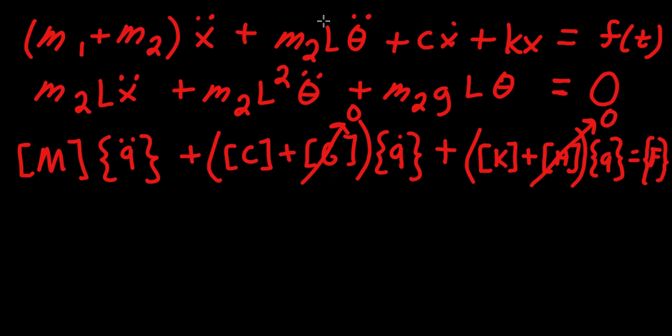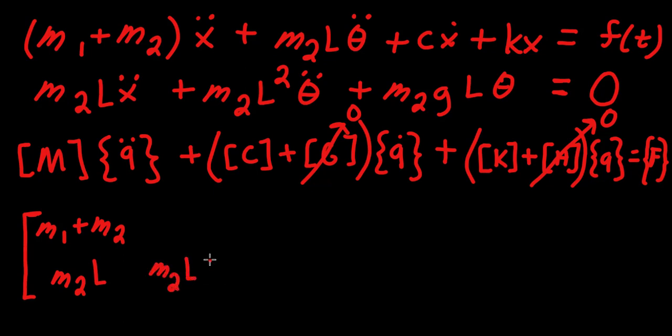And if I were to write these two equations in matrix form, they would look like this. Let me see if I can fit this in. In the top left, I have m1 plus m2. In the bottom left, I have m2l. On the bottom right, I should have m2l squared.